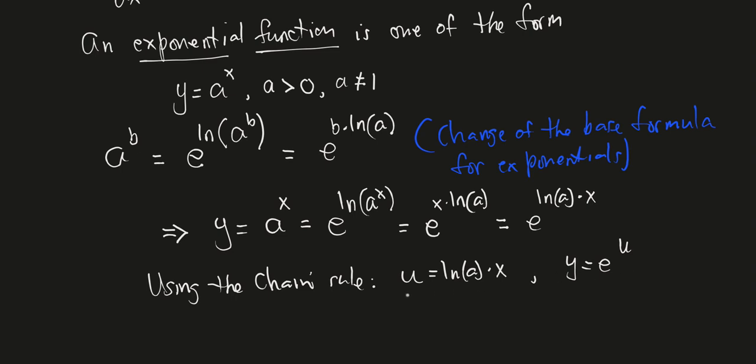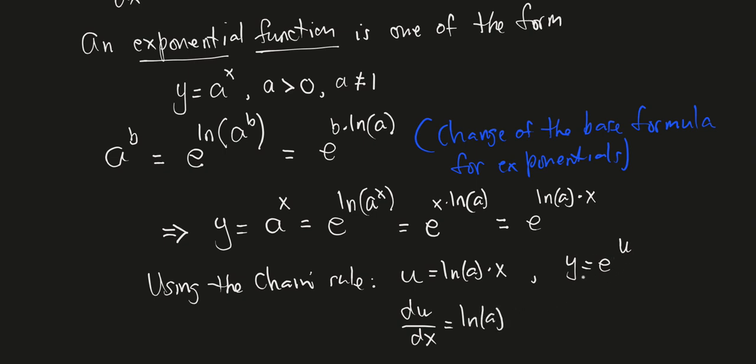And again, these two I can differentiate because this is just a constant. It's like having 2x, 5x, right? So let's write du dx. That's just going to be the constant natural log of a.